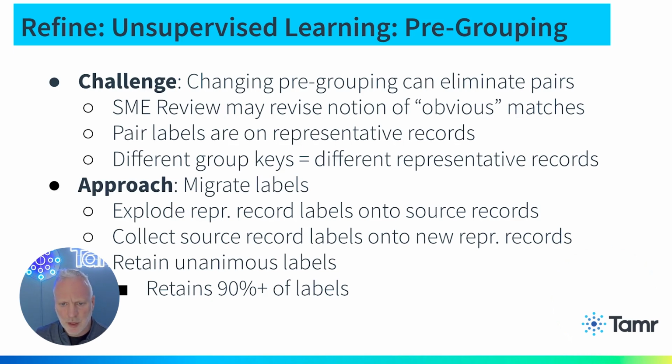So the labels on the representative records tend to be accurate even as we slightly change the definition of representative records. So the labels that we accumulate as we regroup those source records tend to be very consistent. Getting these conflicting labels is kind of a rare case. We're usually able to retain more than 90% of the labels on representative records. And for those last 10%, it's better to just get more training data, which we'll do through the active learning process anyway.